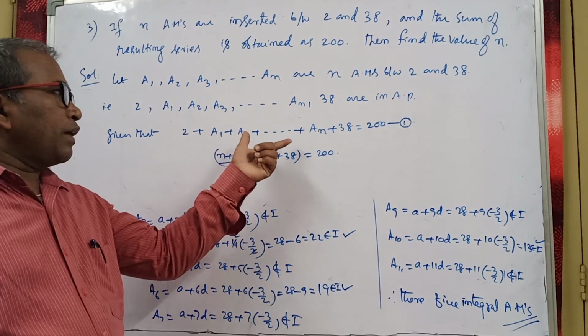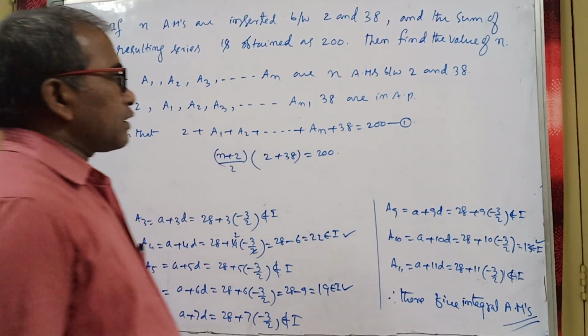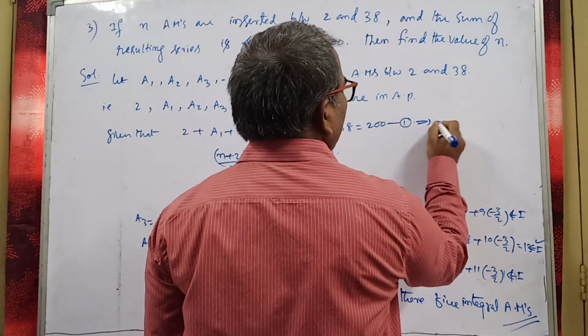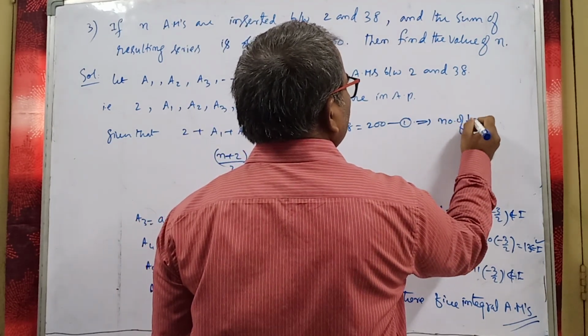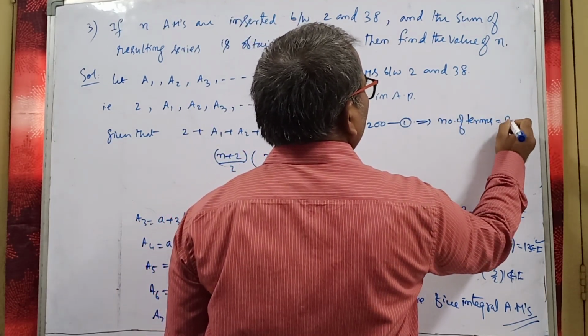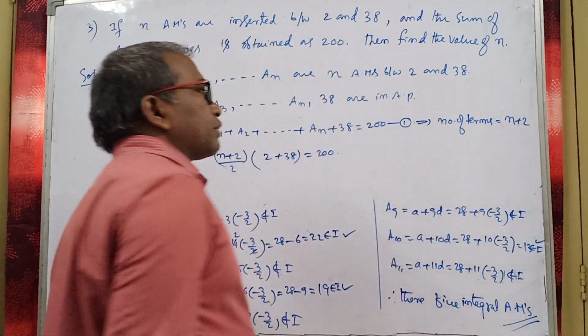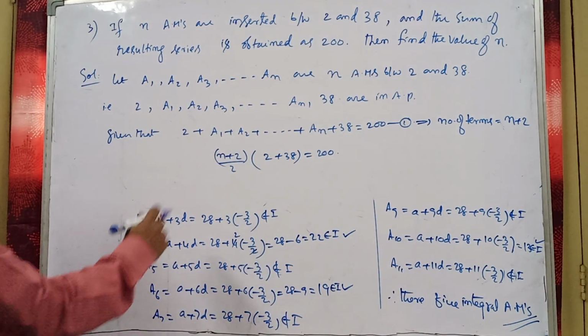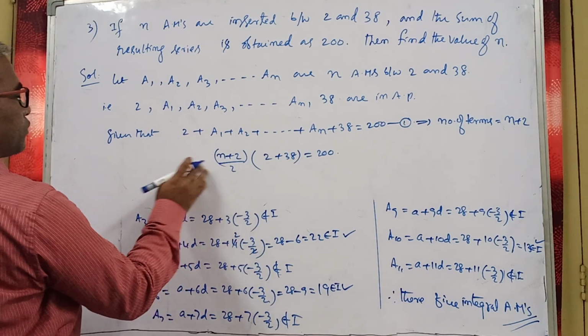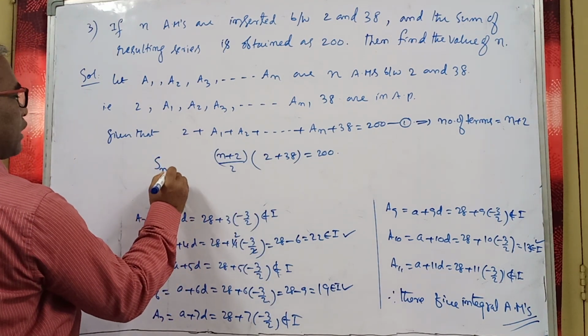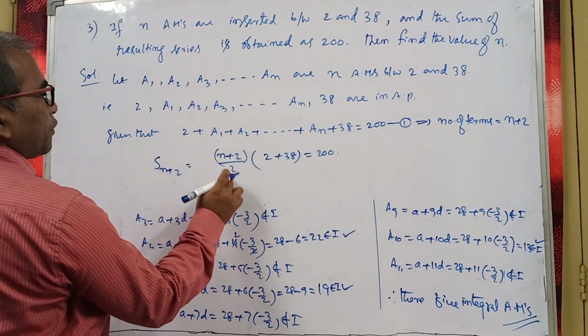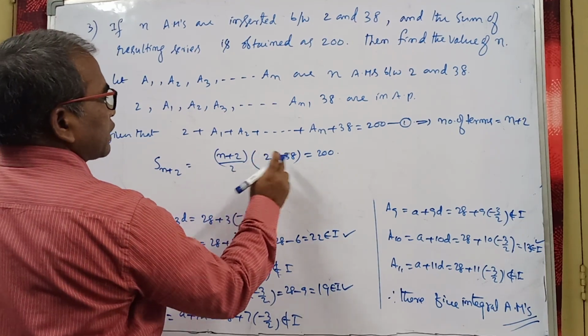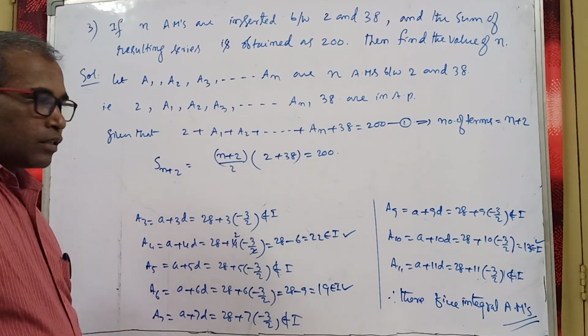Here, the number of terms is n plus 2. Therefore, it is nothing but S(n+2), which is n/2 into first term plus last term. This is the formula.